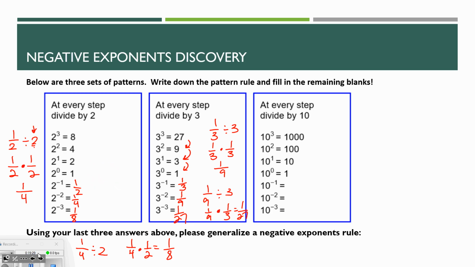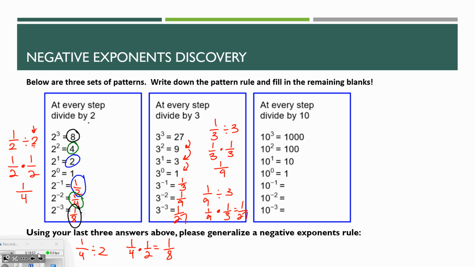If 2 to the 1st is 2, 2 to the negative 1st is 1/2, right? 2 to the 2nd is 4. 2 to the negative 2nd is 1/4. 2 to the 3rd is 8. 2 to the negative 3rd, 1/8.